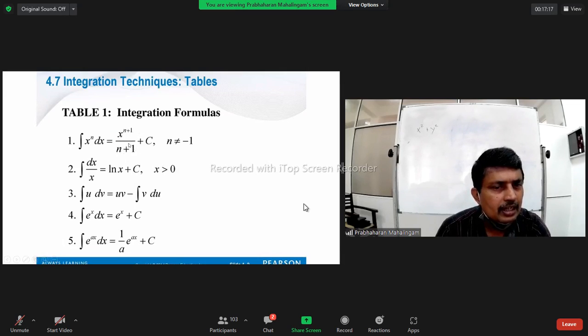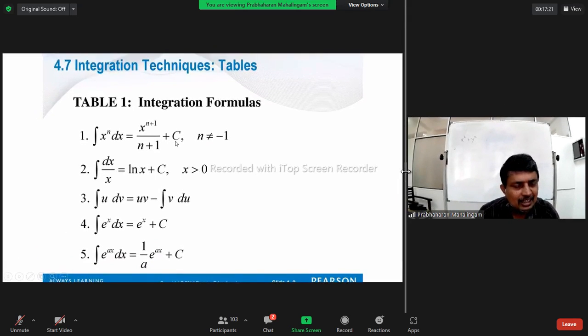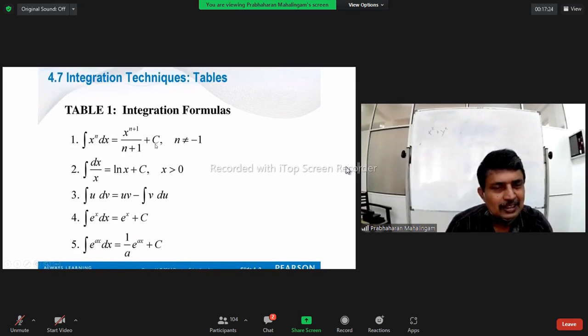Then the constant is there because integration is the reverse function of differentiation. When you differentiate, a constant becomes 0. That is why, maybe in the primary function, a constant may be there.